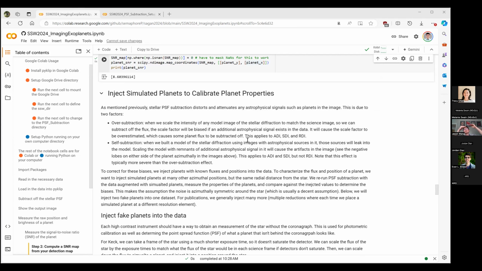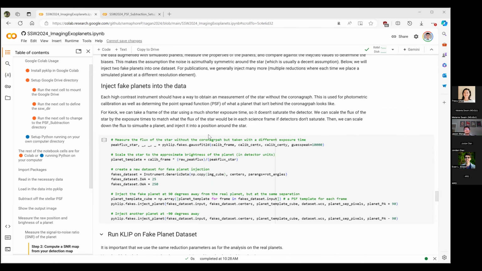And the difference, the signal loss in between, that's the attenuation of the flux due to this data reduction process alone. And then we can use that to calibrate our real planet properties. Since we know the fake planet was supposed to be this bright, and it actually was this lower brightness when we measured it in the data, we can then look at our measured brightness of our real planets and use that same correction factor to bring it back to the true planet brightness. So that's what this whole paragraph is trying to explain.